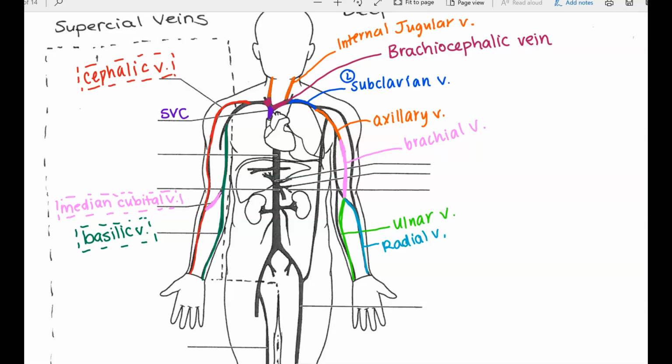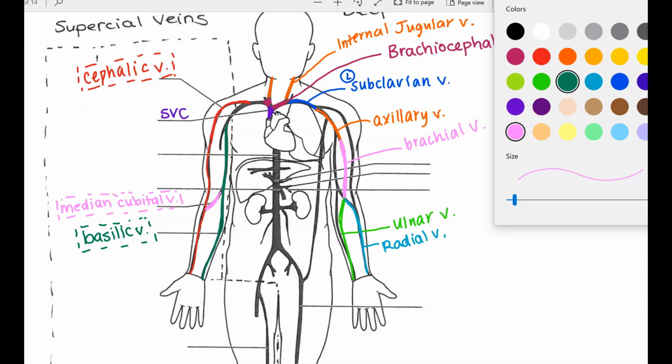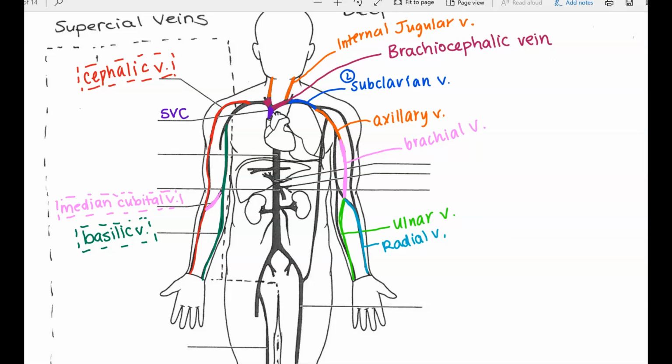Okay, and last thing I'm going to mention about these superficial veins in the upper limb is that your basilic vein is going to drain into the brachial vein. So I'm just going to add those notes in here in case you missed that while we were discussing that. So basilic vein drains into brachial vein, which is a deep vein, right?